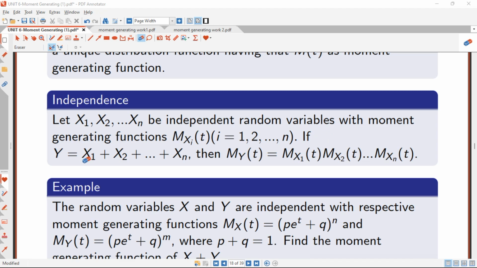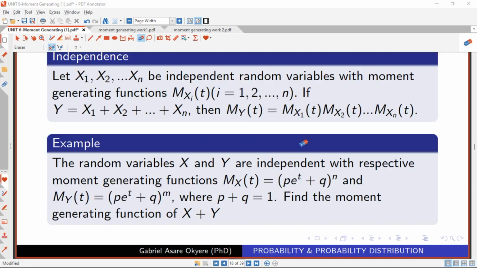If our y is equal to the summation of the independent random variables, so y is going to be x1 plus x2 plus xn, then the moment generating function for y is going to be the multiplication of the moment generating function for x1, for x2, for x3, up to xn. So that is what the independence theorem under the uniqueness theorem says.